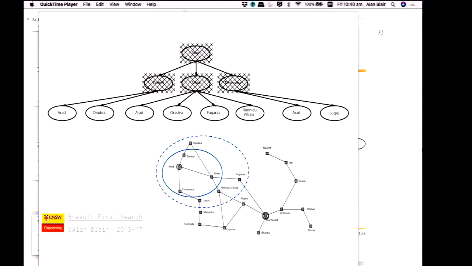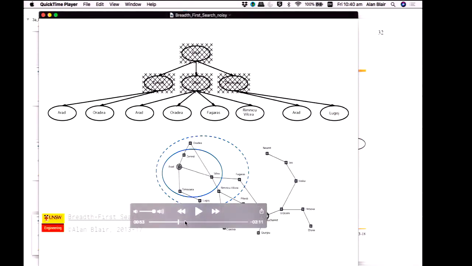It's visually nice to look at this picture, because there's an inner circle and an outer circle. The inner circle is the nodes that have already been expanded. The outer dotted circle is the nodes that have been generated but not yet expanded. And the other nodes outside that haven't been generated yet.